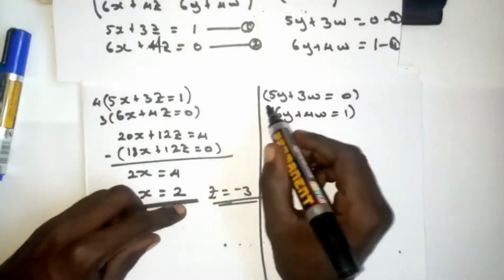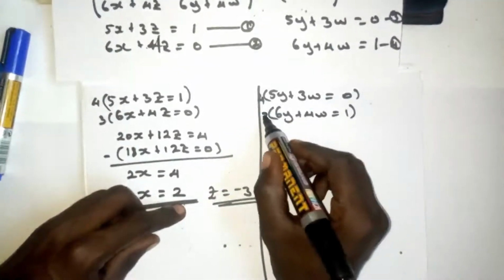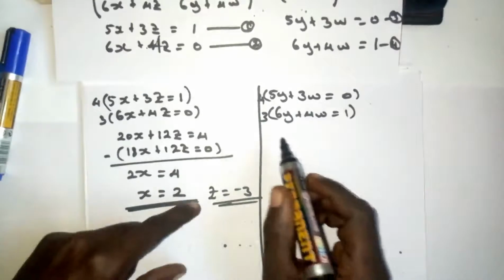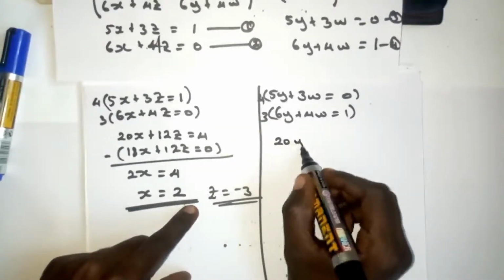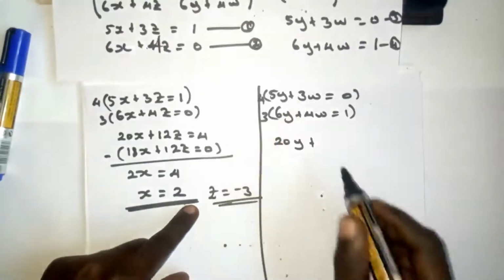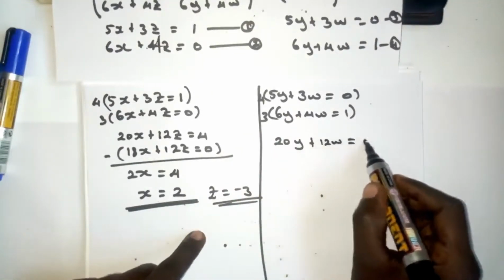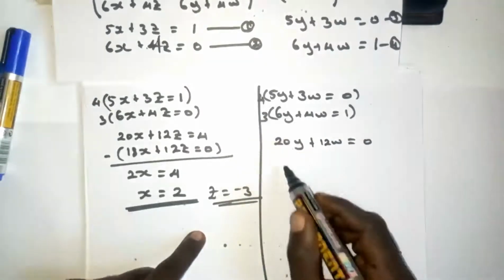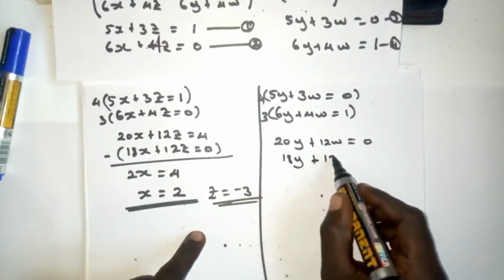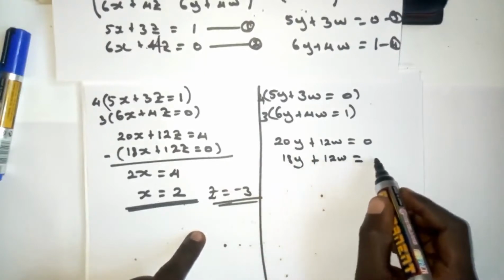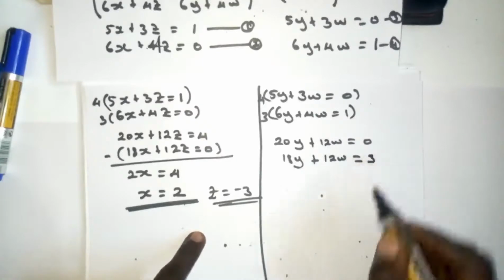I multiply this equation by 4 and I multiply this equation by 3. If I multiply by 4, I'm going to have 20y plus 12w should be 0. Then this is going to be 18y plus 12w should give me 3.